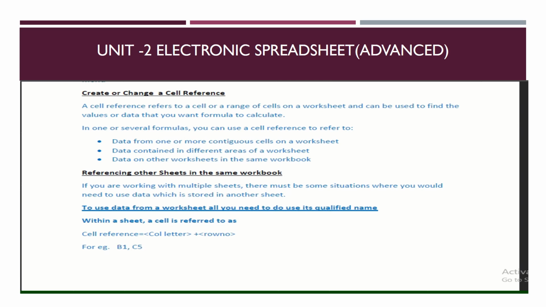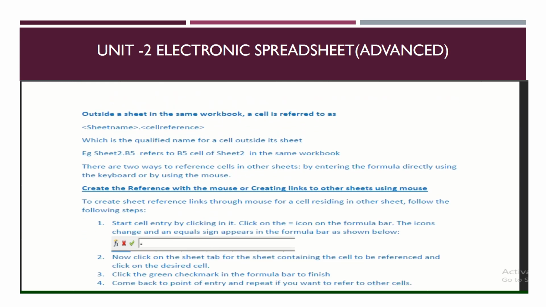And when you want to refer to another cell in a different worksheet, in the same workbook, again you can use the qualified name. So how you will refer to a different cell in another sheet in the same workbook is you will write the sheet name and then you will write the cell reference.